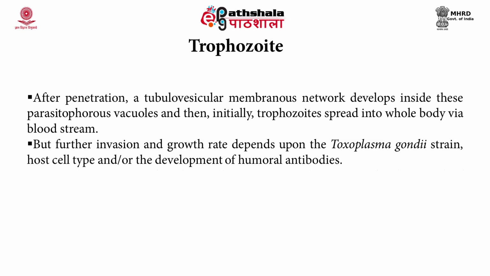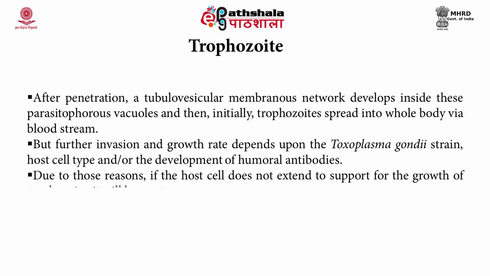But further invasion and growth rate depend upon the Toxoplasma gondii strain, host cell type, and or the development of humoral antibodies. Due to those reasons, if the host cell does not continue to support the growth of the trophozoite, it will rupture.